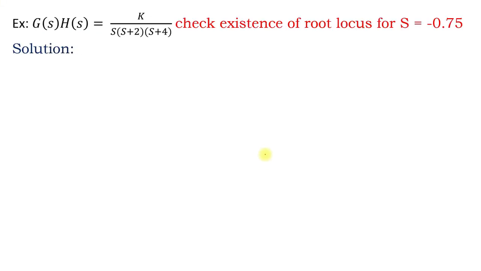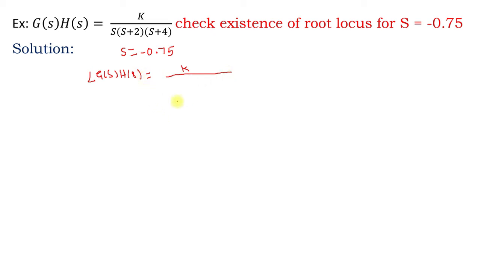We'll see this by using one very simple problem. In this problem we have to check whether s equal to minus 0.75 exists on the root locus or not for a given transfer function. For this I'll substitute s equal to minus 0.75 in the above equation. Then the angle condition of g of s into h of s is equal to, here the gain parameter k is constant, no need to do anything with this value right now.